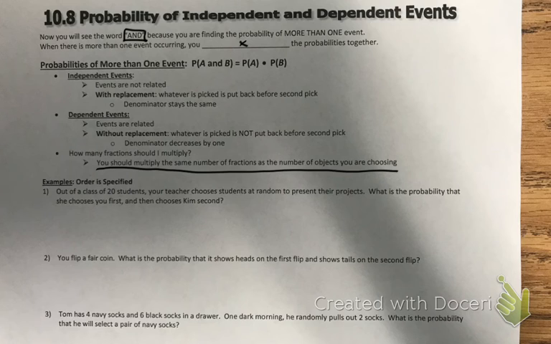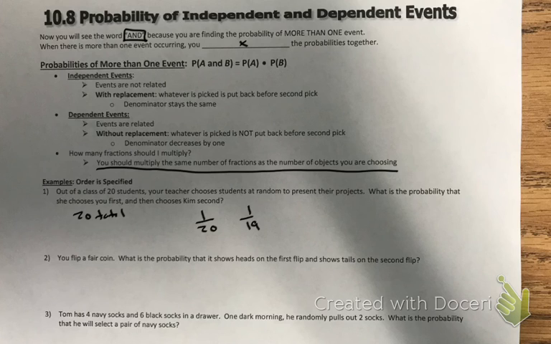Okay, well, we have 20 total students. Okay, now the odds that she picks me is 1 out of 20 because I'm the only one in my class that's me, right? But now that she's picked me, the odds of her picking Kim, we only have 1 Kim in our class, is now 1 out of 19 because I've already been picked. I'm not in the pool to be picked now, right?